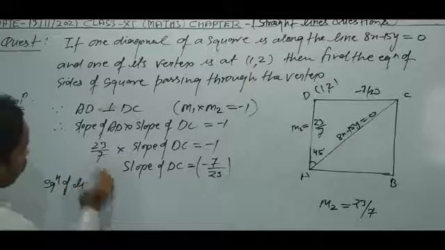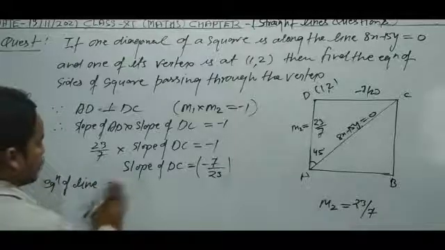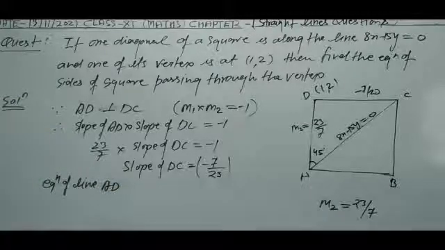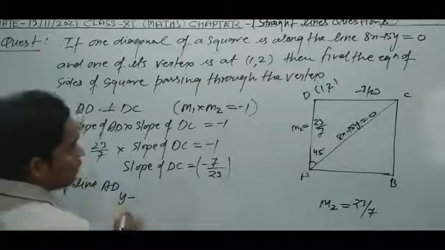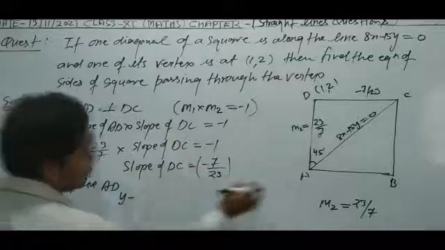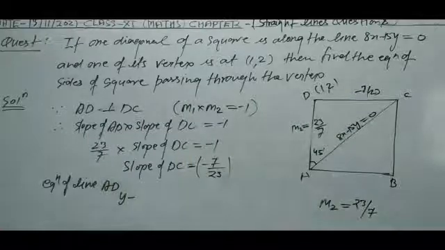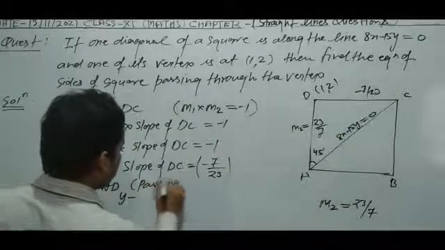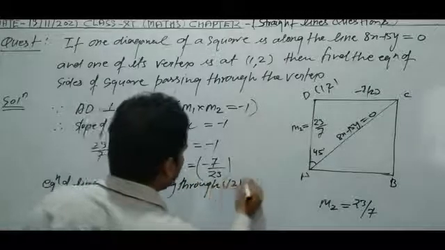So equation of line AD. How will you calculate the equation of line AD? The equation of line AD, that is y minus y1. AD is passing through the point (1, 2).